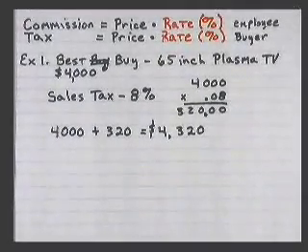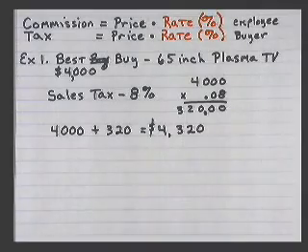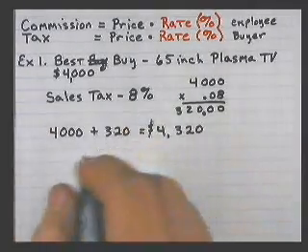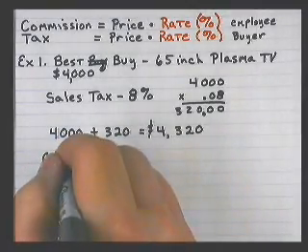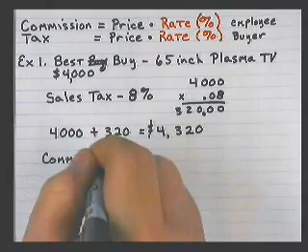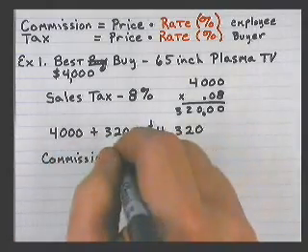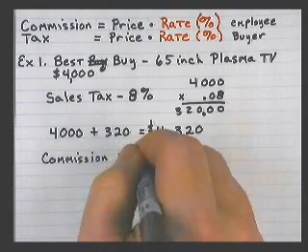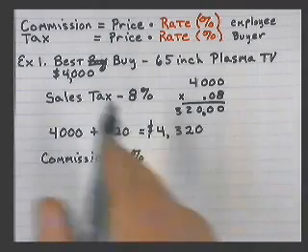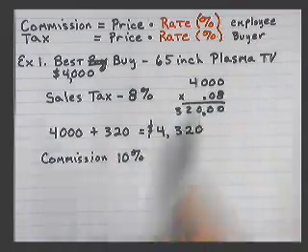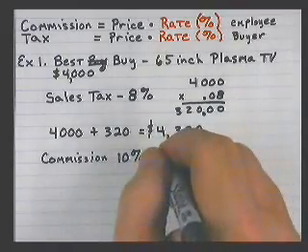Now let's say the commission for the person who sold it to you is 10%. What that means is the guy who sells it to you earns 10% of the total price that he sells it to you for, $4,000.